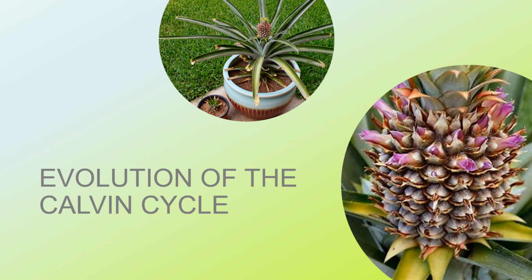The daytime in the desert is so dry that opening those little mouths, those stomata, would desiccate the leaves and dehydrate the entire plant. By opening the stomata only at night, gases can be exchanged. Carbon dioxide isn't needed for the light reactions, only for carbon fixation.